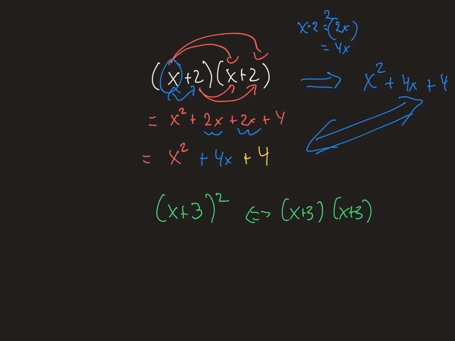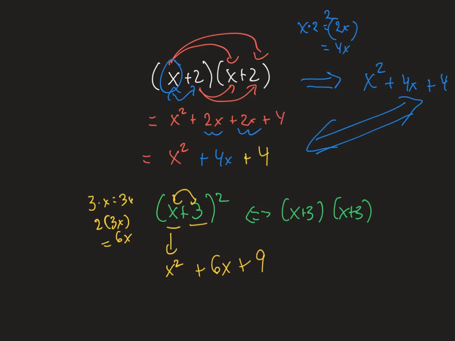Or you can just go, I know my answer should be x squared, this times this, well, 3 times x is 3x, 2 times 3x is 6x, and this one squared. If you do the distribution, you'll get the same thing.